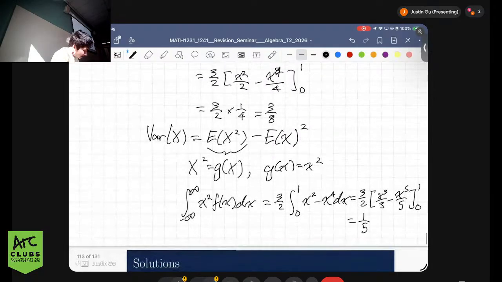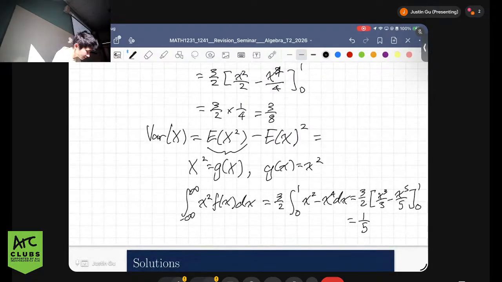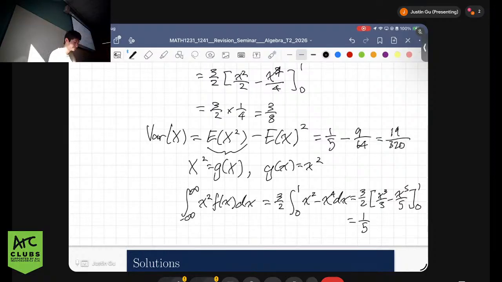Oh, sorry, the expected value of X squared is 1/5. So we get that the variance is 1/5 minus 9 on 64, which is 64 minus 45, so 19 on 320.